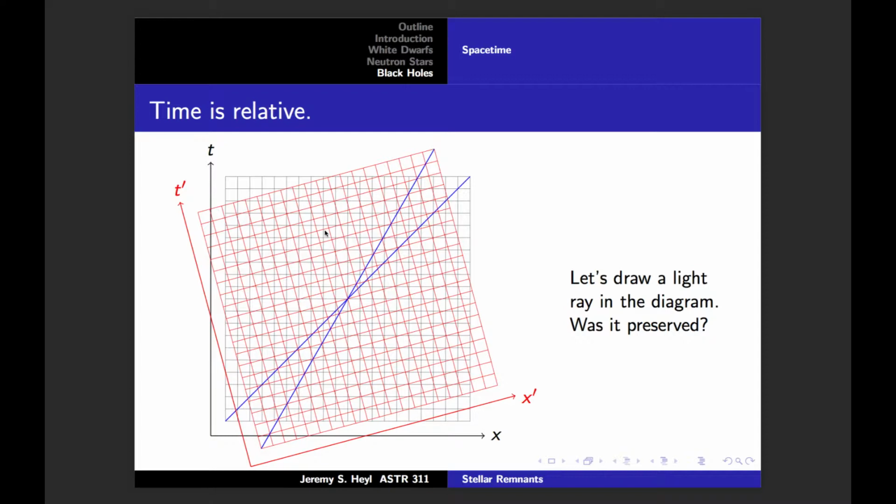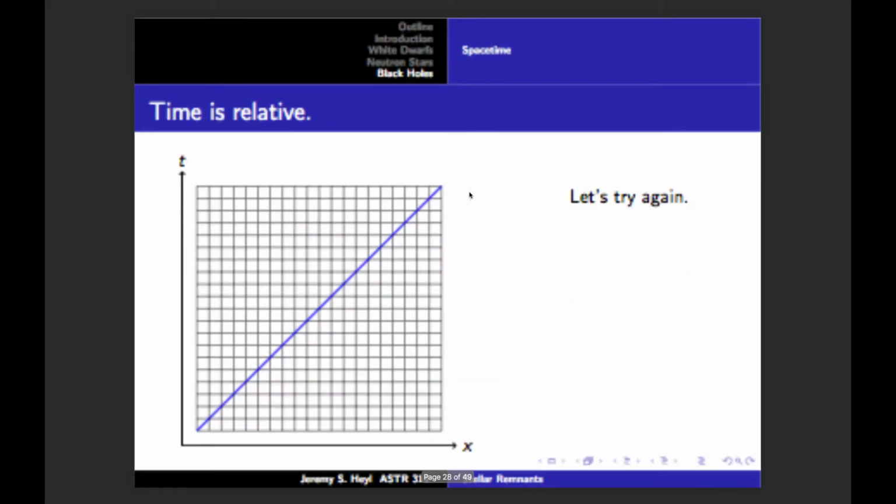They don't agree. So thinking about how space-time works, it's a little different than just rotating in space, right? For this person, light would pass through these events, and for this person, it would pass through those events. So it doesn't really work.